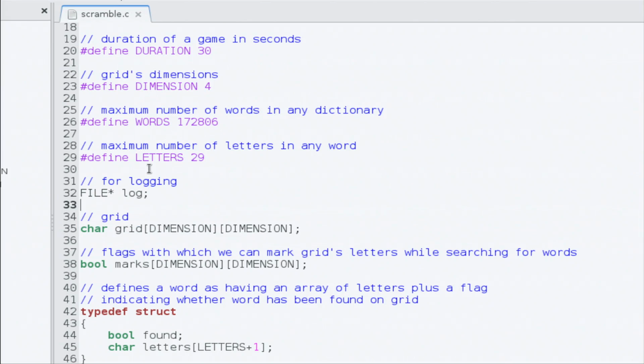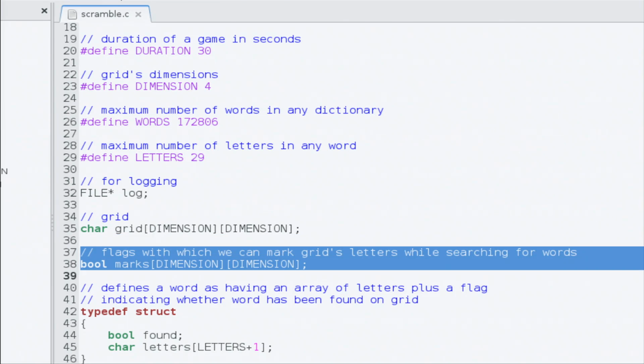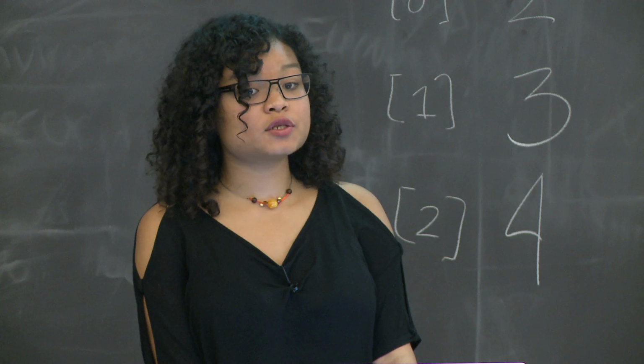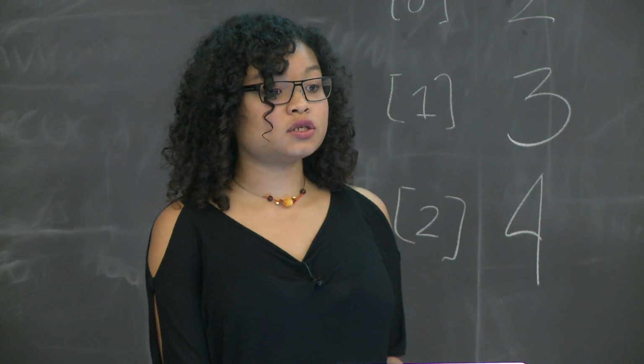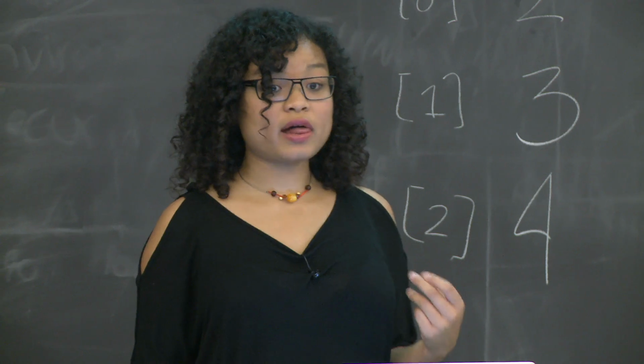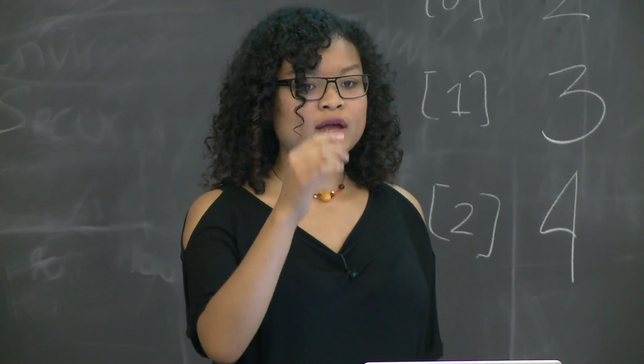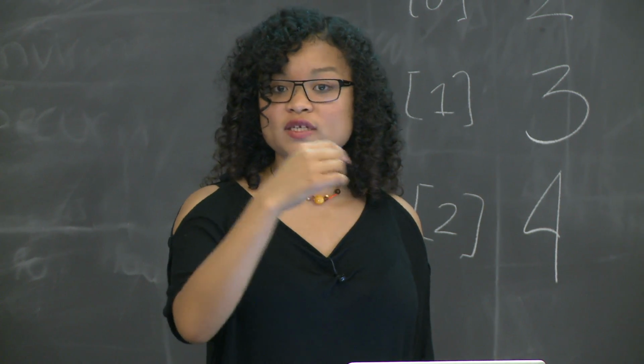So grid here is a 2-dimensional array that will store the letters in the Scramble game. Later on, we'll see the use of this, but then we also have a 2D array of Booleans called marks. Essentially, when we go into checking whether a word is valid or not, we need to know whether we've visited a certain block, a certain letter.